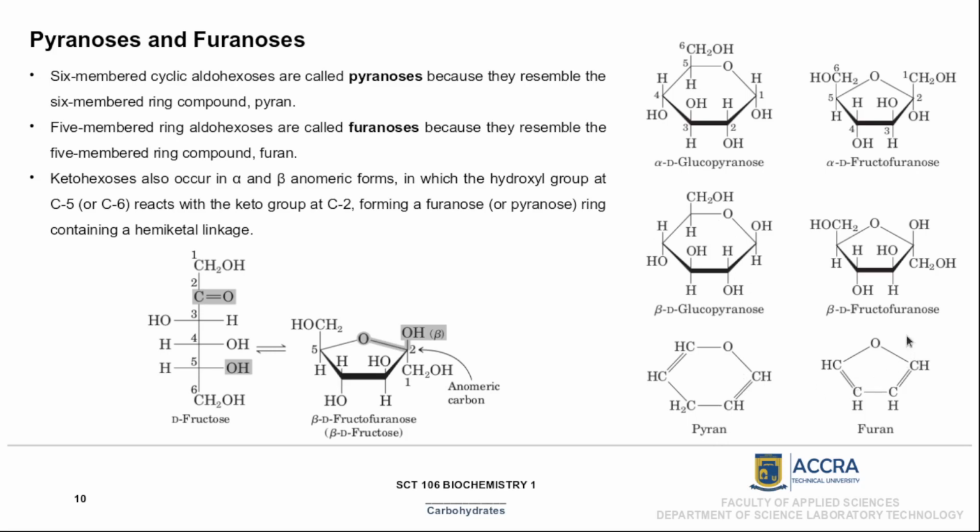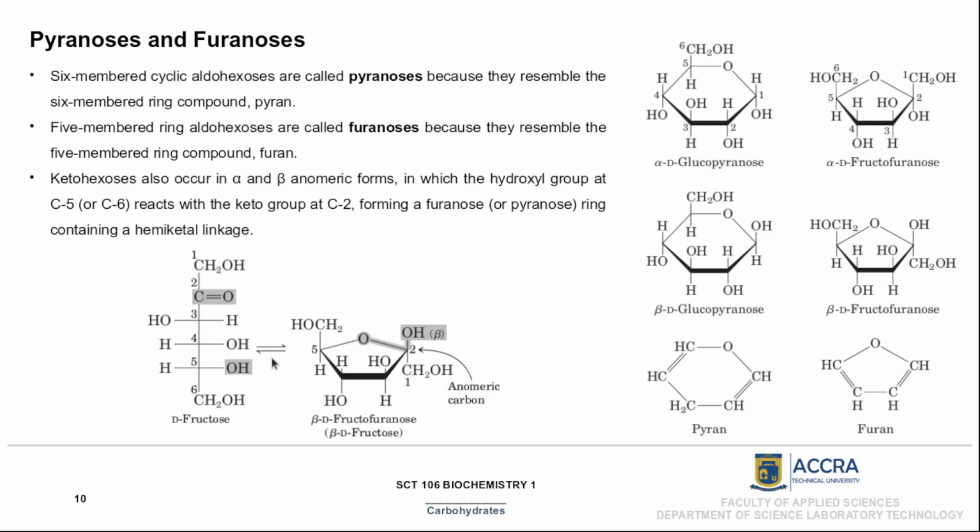The same way you have the ring compound furan, for which its ring looks like that of the rings of fructose. For instance, the structure of fructose looks very much like the structure of furan, and thus is also called a furanose.